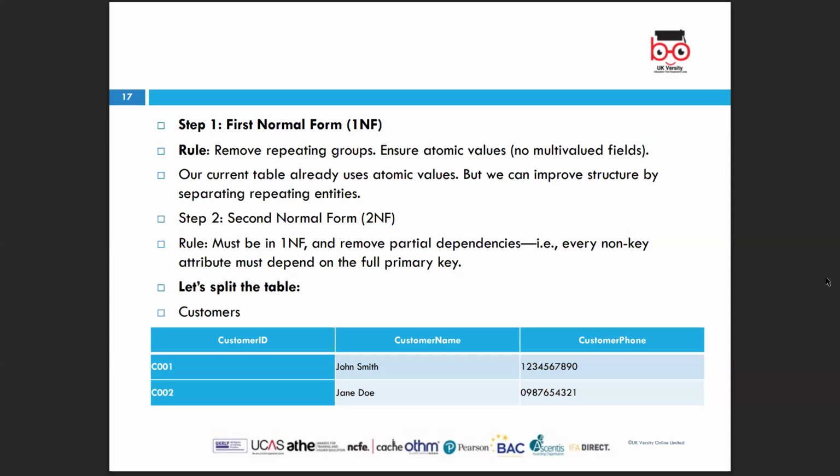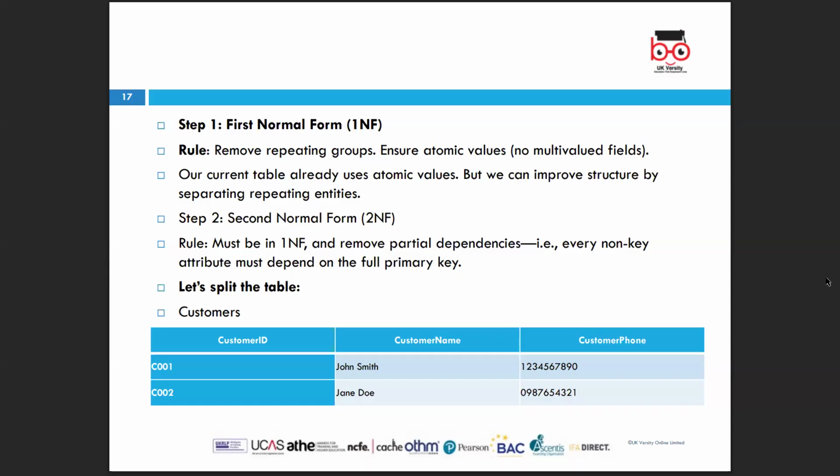With the first normal form, we remove repeated groups and ensure atomic values are in place. Our current table already uses atomic values, but we can improve our structure by separating repeating entities.